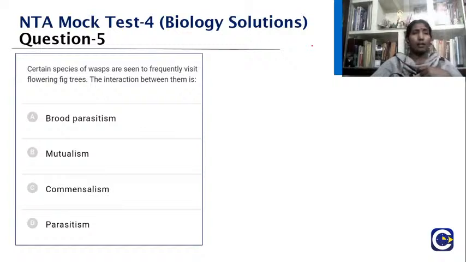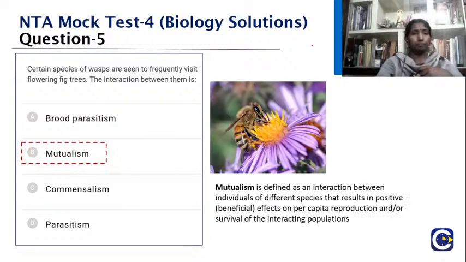In the same way here, the female wasp will go and lay eggs, which is called oviposition, and they use the developing seeds within the fruits for nourishing their larva. In turn, the wasp helps in pollinating the plant.